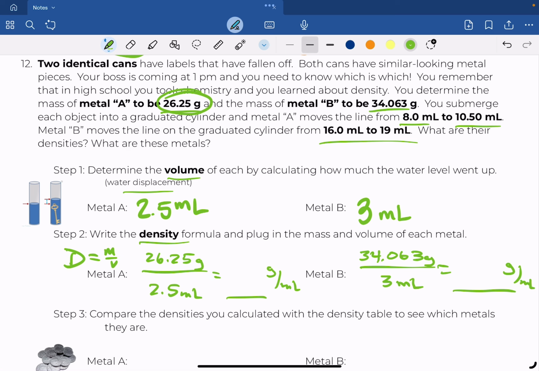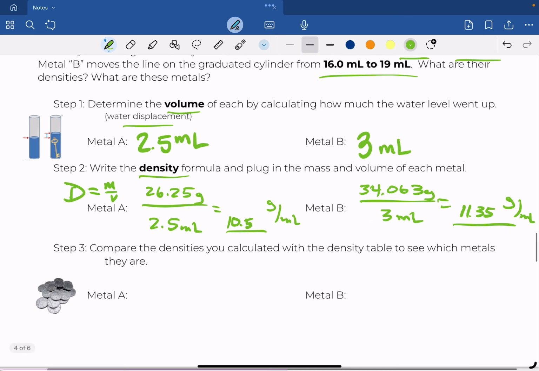So for the first one, 26.25 divided by 2.5 is going to give you 10.5. And then for the other one, metal B, 34 divided by 3 is essentially going to give you 11.35. Now your last step is to compare the densities you calculated with the density table up on top to see which metals they are.